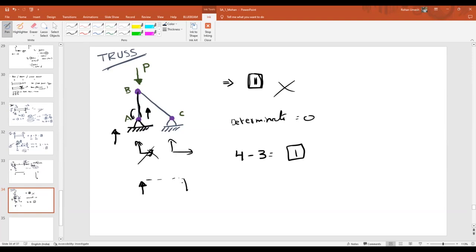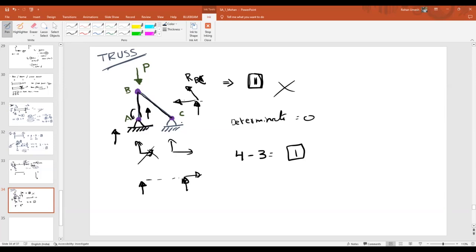At C, I can consider both. Why? Because here the member is in the inclined direction, isn't it? If I draw the line of action, it may be somewhere like this. This is the reaction force in the member BC. If you resolve this force, you have a vertical component and also a horizontal component.